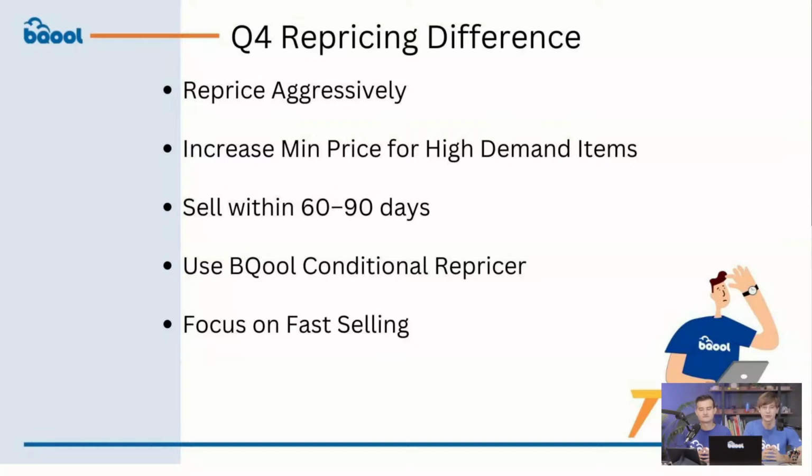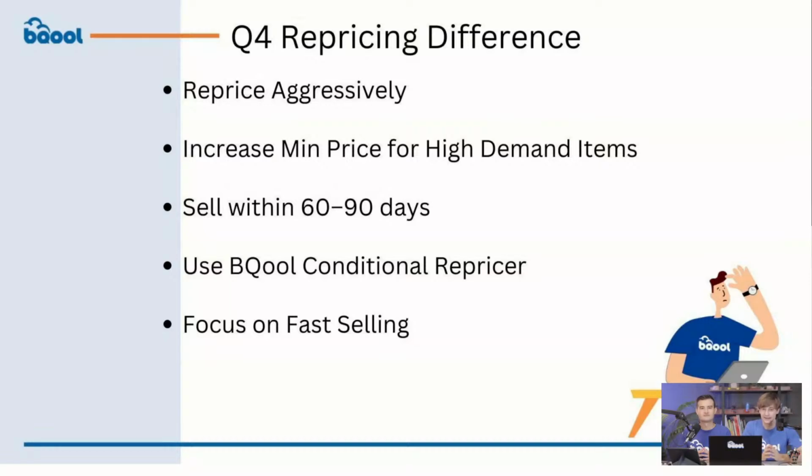And also you need to increase your min price for the high demand items, because the storage fees increased, so you want to make sure that your min price increases as well. And you want to sell items within 60 to 90 days. Later on, we're going to share how you can do it with our repricer. We have a conditional repricer which can help you do that in the best way. And that's why you need to use BQool conditional repricing.